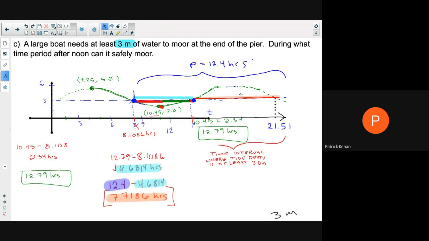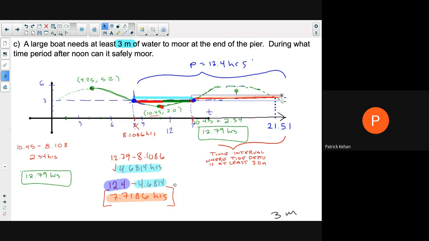7.7186 hours. So this window of time right here from 12.79 hours, I'll have at least 3 meters of the water to work with for about 7.7 hours here, right? So how do I identify that as an answer right now?